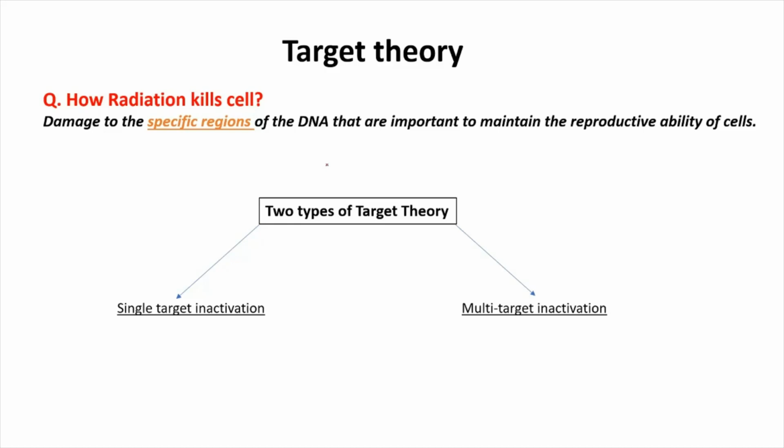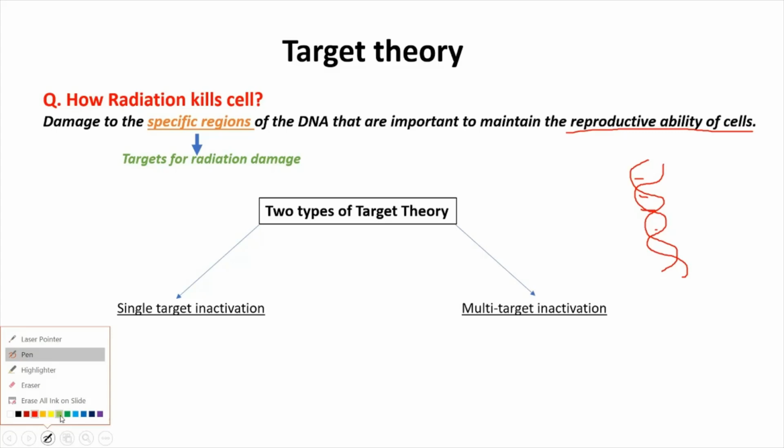Now again asking the same question, how does radiation kill cells? The answer is again damage to specific regions of the DNA that are more important for maintaining the reproductive ability of the cells. And what are the specific regions of the DNA? These are the regions which are the target for the radiation damage. For example, let us assume a hypothetical situation, assuming that's the DNA over here, and this part of the DNA is very critical for maintaining the reproductive ability of the cell.